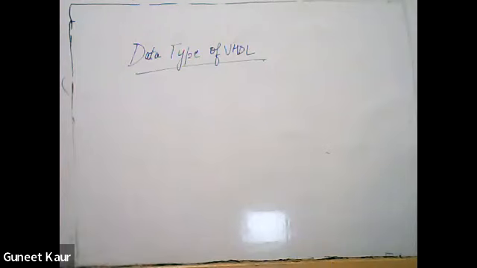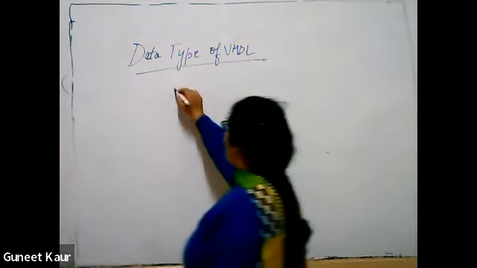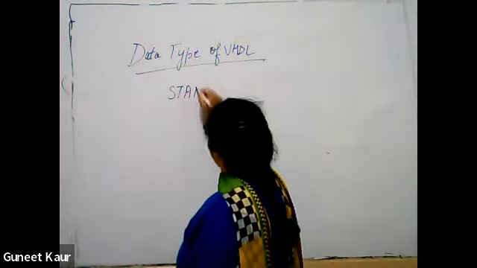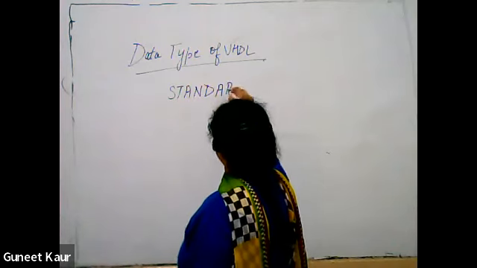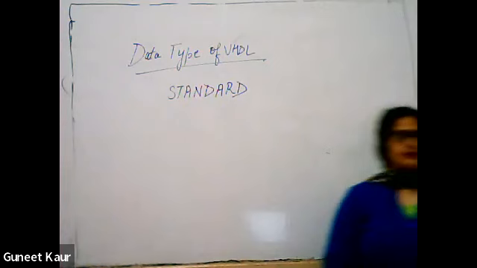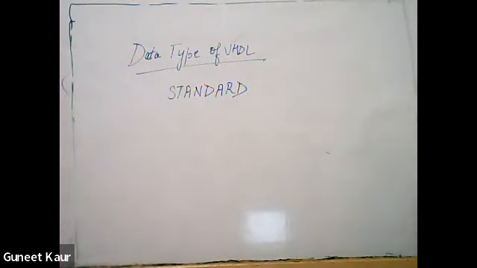Actually, we have some certain predefined data types in VHDL, and operations that can be performed on those particular data objects. These predefined data types are contained in a package, and that package is known as standard.